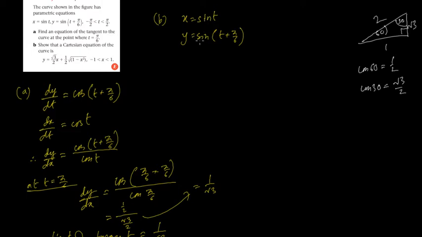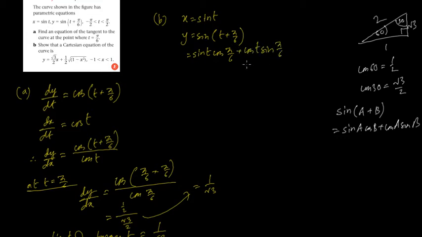Before doing that, we can break this down into the sum of angle identity, sine of a plus b, which is sine a cos b plus cos a sine b. So we can write sine t cos pi by 6 plus cos t sine pi by 6.